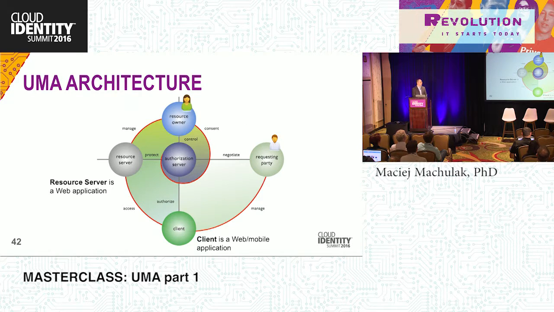The architecture is also very simple. The authorization server is the central part, which connects to a number of resource servers, which are web applications, and the clients, which are other web applications or mobile applications. If they would like to access protected resources from resource servers, they have to interact with the authorization server before they can get access.